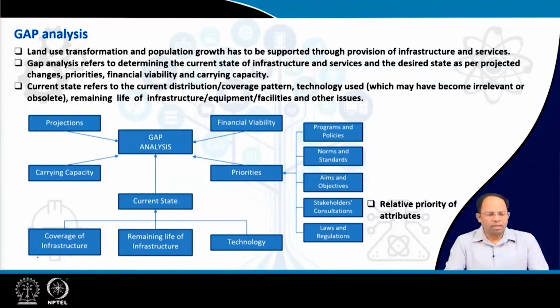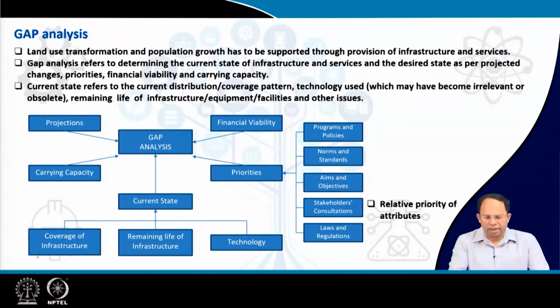So, gap analysis refers to determining the current state of infrastructure and services and the desired state as per projected changes, priorities, financial viability and carrying capacity. So, as you can see, the desired state is not only as per what people want.